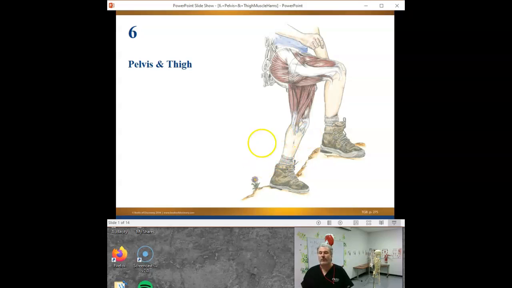Let me ask you one more question, and that is, which ones of those 4 heads, 3 muscles but 4 heads, flex the knee? Semimembranosus. Yeah. And that is because why?